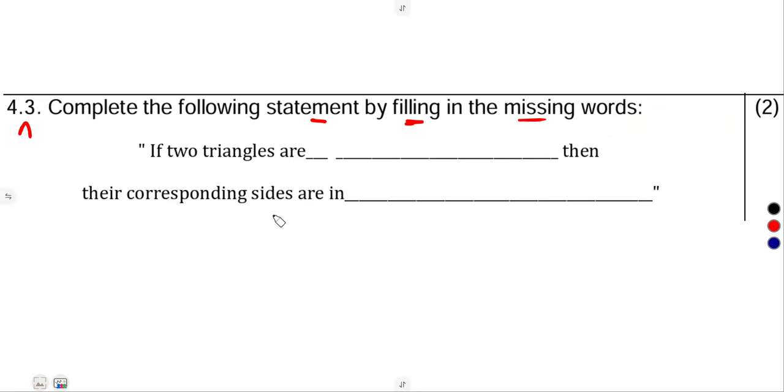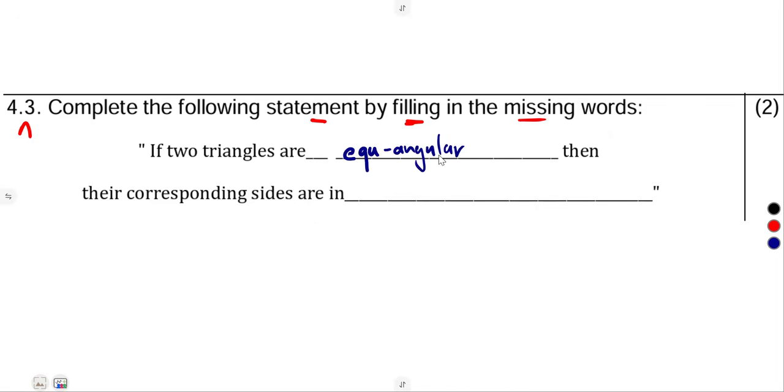Corresponding sides, we talk about the ratio of sides there. These are similar figures. So if two triangles are similar or are equiangular, remember I told you guys similar figures are referred to as what? Equiangular.